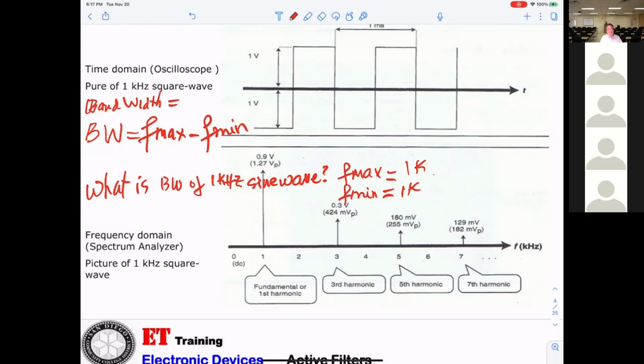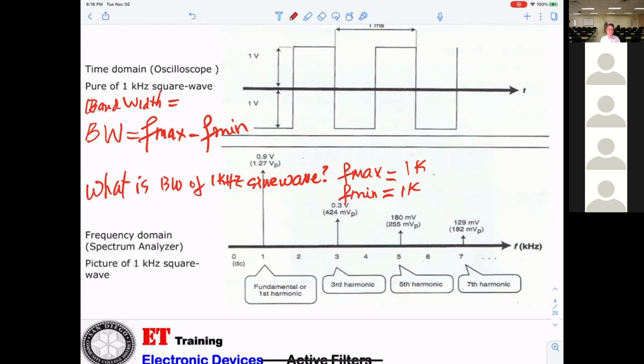The thing is, that's the time domain. The oscilloscope only shows you either a 1 kilohertz signal only or a 10 kilohertz signal only. You cannot get a difference. When you get a difference, then you can take a maximum minus a minimum.